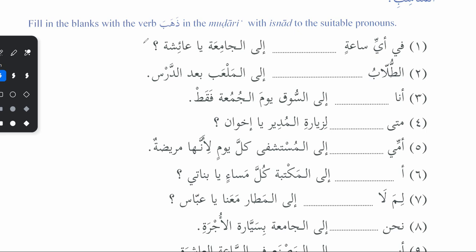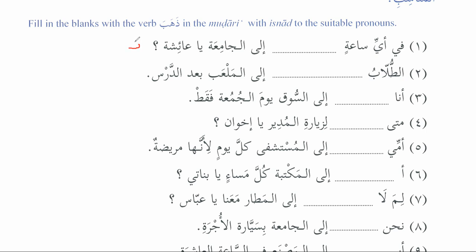So what is the harf mudare? Ta. First thing. Then what is the fail? The ha ba. It is a fail. And now, what is the damir for anti? As you know, you're talking to a female singular, ya mukhatiba. So addition of ya mukhatiba and addition of noon extra.